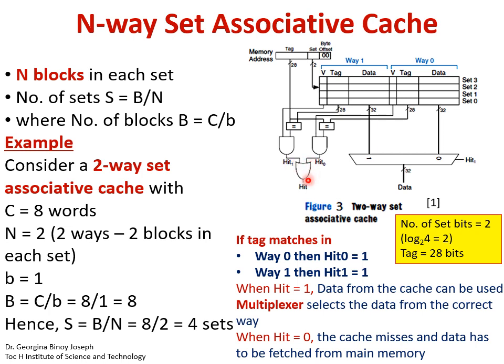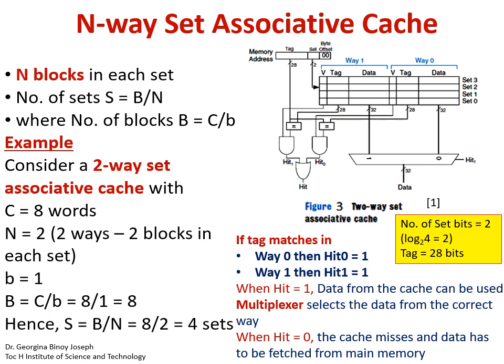So here you have an OR gate. If either hit 1 or hit 0 is equal to 1, then hit will become 1. So if the tag matches in way 0 and the valid bit is 1, then hit 0 is equal to 1. If the tag matches in way 1 and the valid bit is equal to 1, then hit 1 is equal to 1.